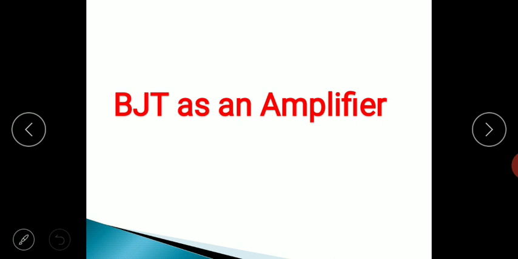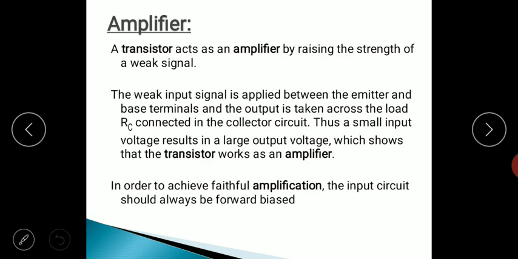As you all know, amplifier is nothing but it is a device which can increase the strength of the input weak signal. If you use transistor to achieve this amplification, then we call it as transistor amplifier.